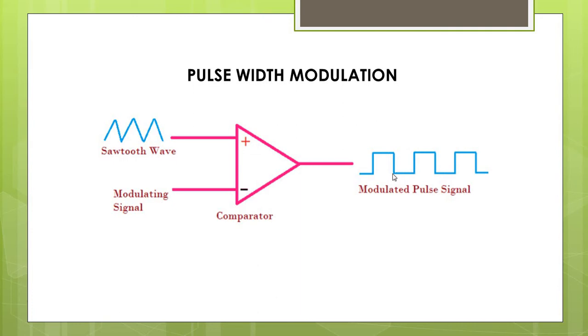You can see this part is generated when the carrier amplitude is greater than the message signal amplitude, and when the carrier signal amplitude is less than the message signal amplitude, the comparator generates a value of +1. In this way, the output of the comparator is a series of pulses with two amplitudes, one is +1 and the second one is -1.